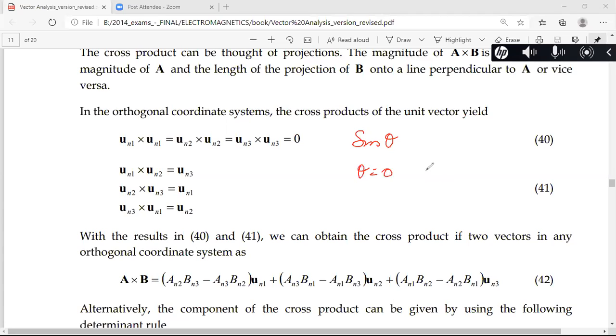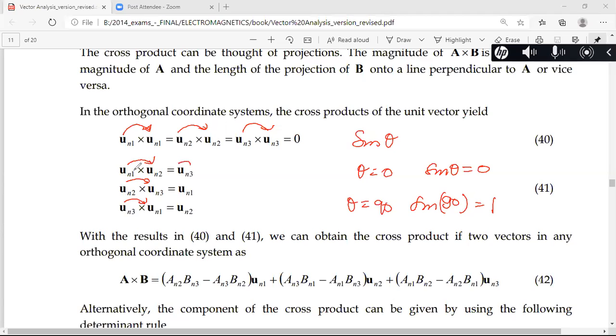When theta equals 0, sine theta becomes 0. Therefore, when you take the cross product between the same unit vectors, your result becomes 0. When theta equals 90, sine 90 equals 1. Therefore, when you take the cross product between these orthogonal unit vectors, you again get a vector which is orthogonal to each.